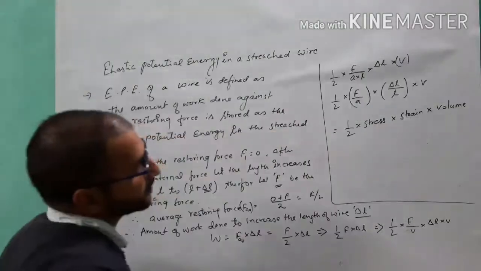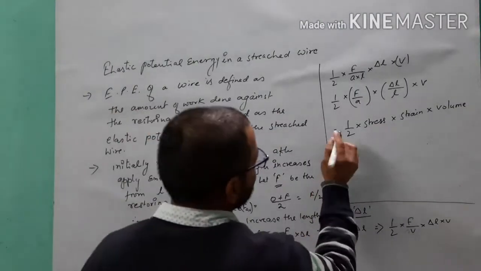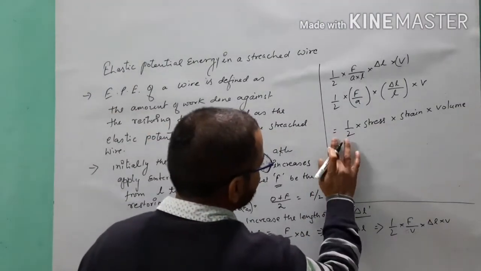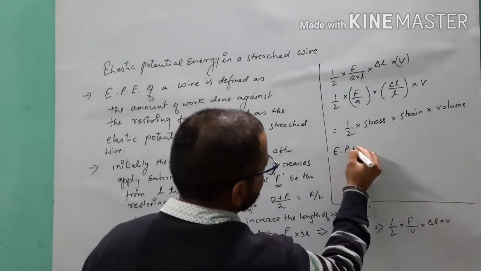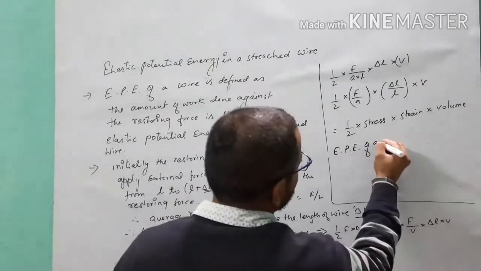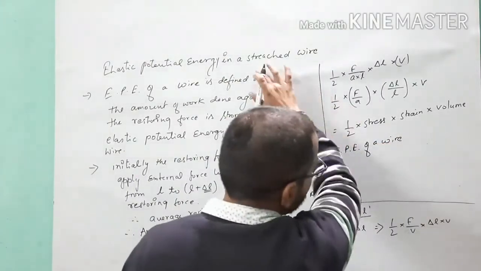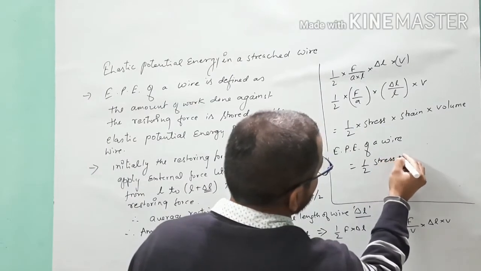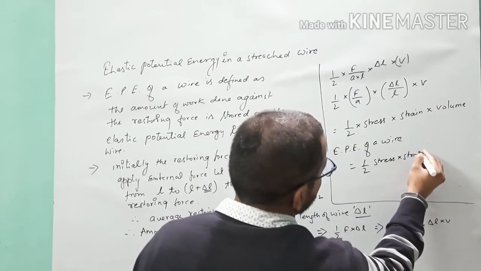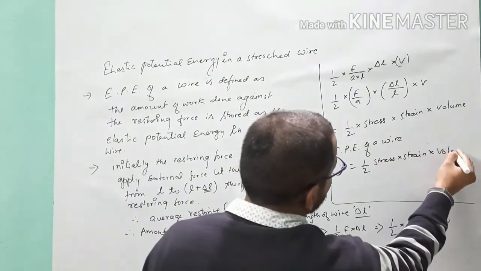Point clear? So this is the elastic potential energy of a stretched wire. Here you can see the heading, which is half stress into strain into volume.